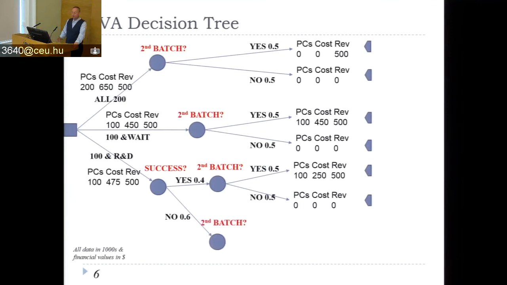Similarly, in this case, we have the question, second batch, and if it's yes, so Boston Dynamics requires the second batch, then we are going back to the basic situation of manufacturing 100,000, costing $450,000, and revenue as before $500,000.